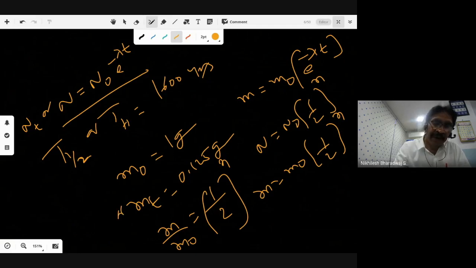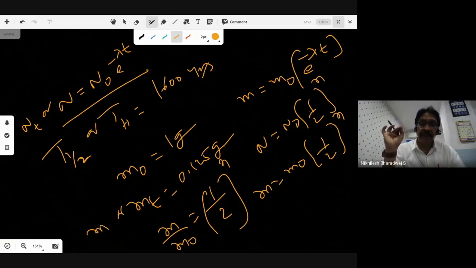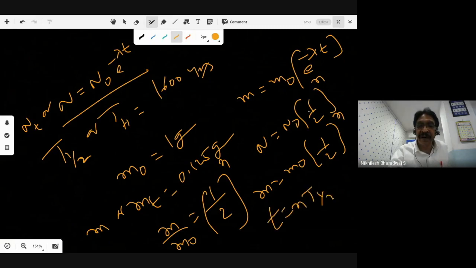So you have to substitute: 1 gram has become 0.125 gram. Substitute the values and get n, the number of half-lives. Then T is equal to n into T half. You can go for it. Please try it.